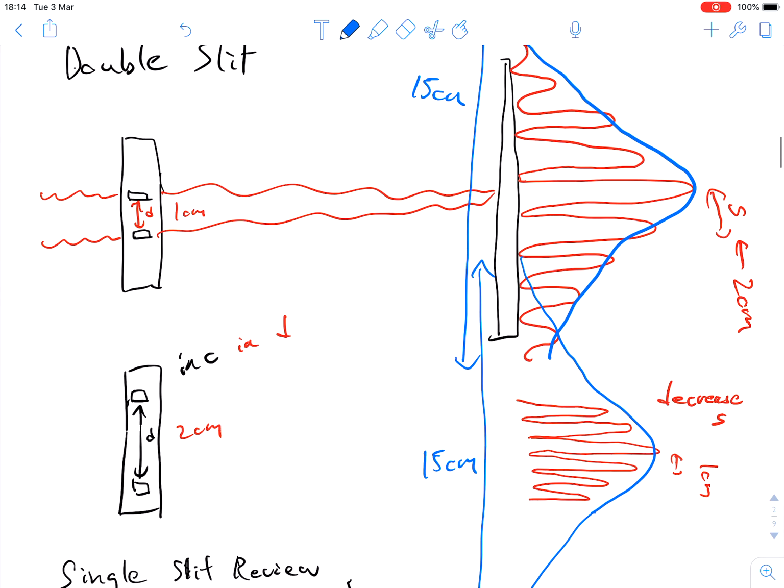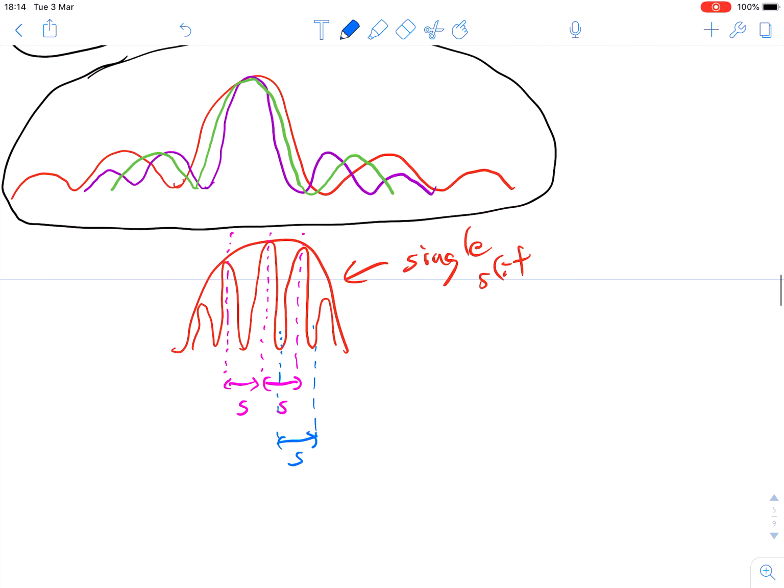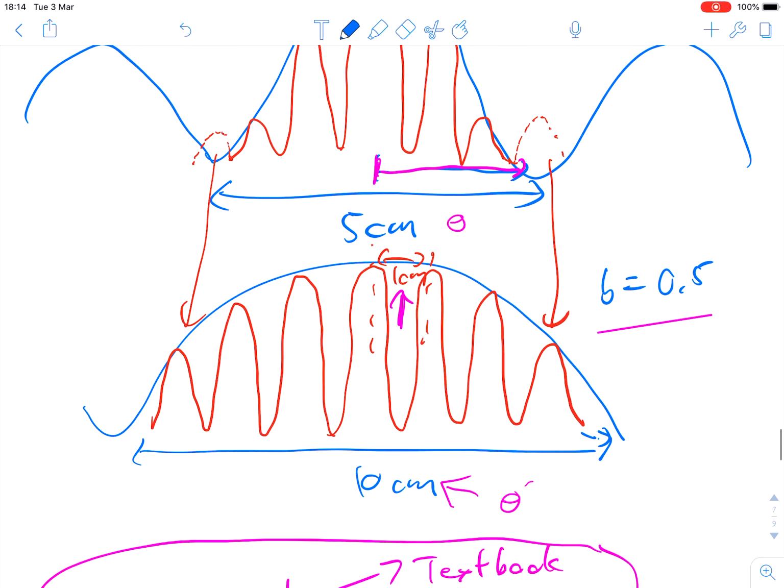Now, to look at the opposite situation, I'm going to move down here. If we're looking at our other formula, this is the single slit formula, lambda over B. Remember, B was the width. I'm going to do a really thin one, so we have our interference pattern here.